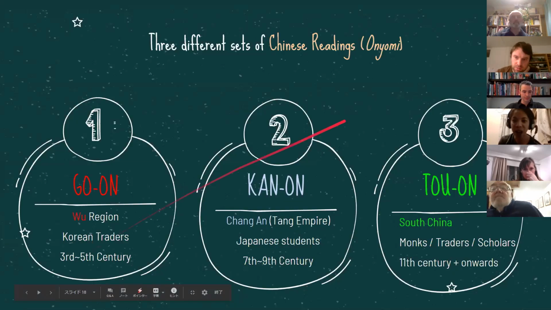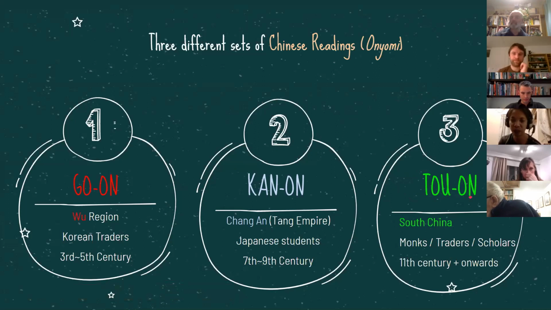And then we have the third phonetic. It's called To-on, the phonetics of To. It was like the South Chinese dialect, and the transmission happened after the 11th century, brought by monks, traders, and scholars.